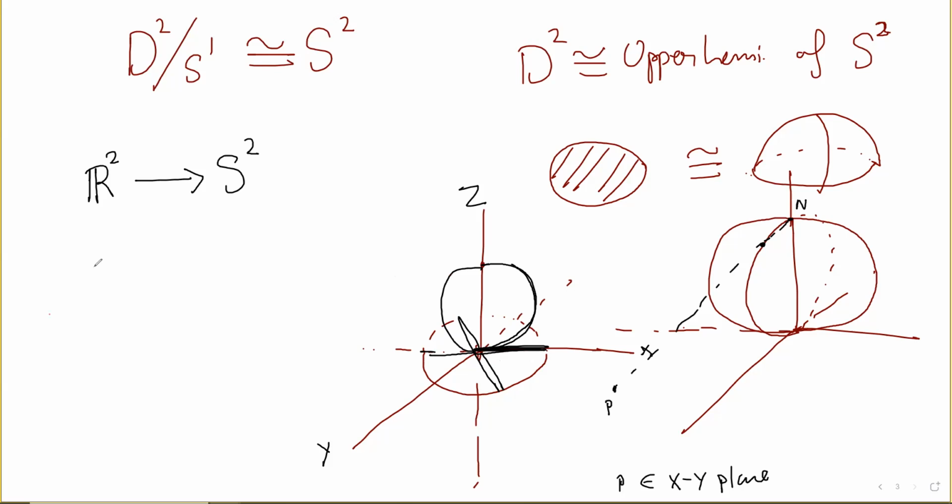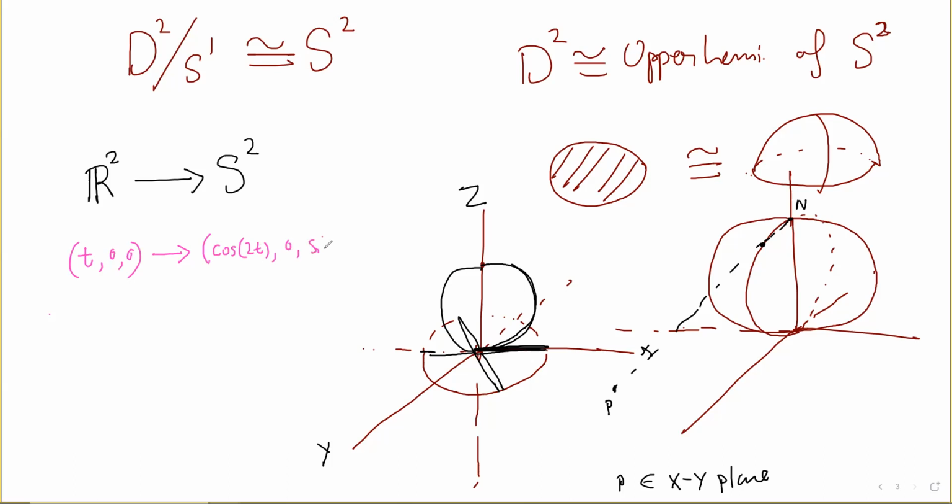If you take (t, 0, 0), where should I send it to? I should send it to (cos 2t, 0, sin 2t), since here it's going from minus pi to pi.